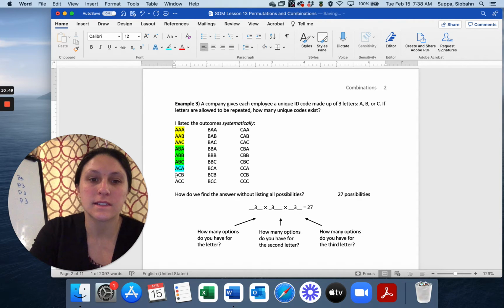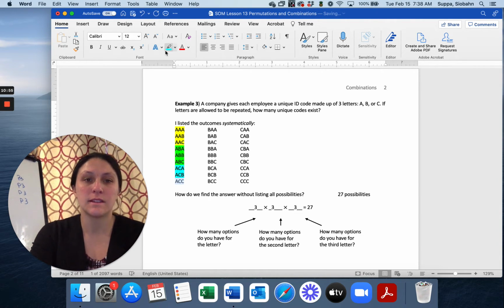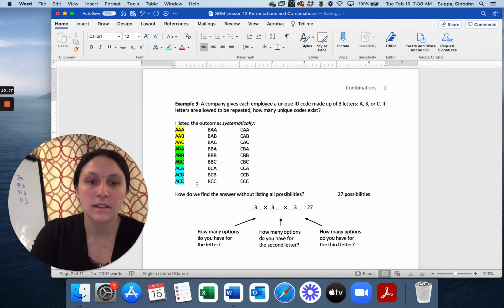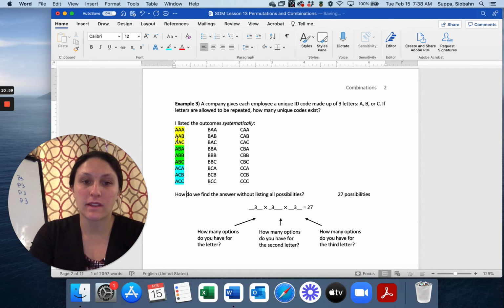And so I can see my 3 groups of 3 right there. So that's the first 3 times 3. And then I repeat this giant group 3 times. So that's my last times 3. So that's why we're using multiplication. You can see the multiplicative structure in the way that I listed it.